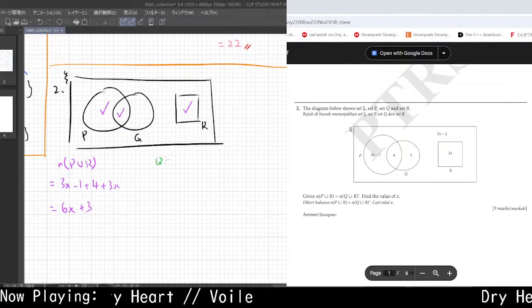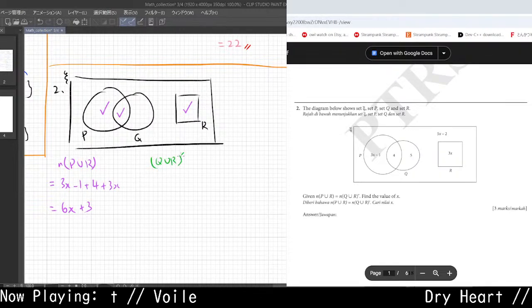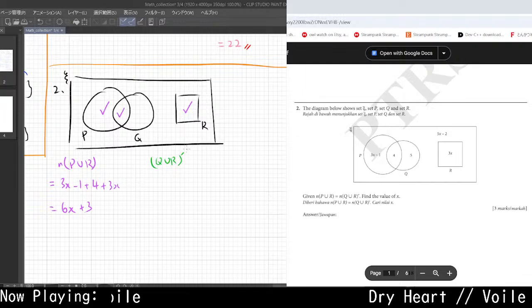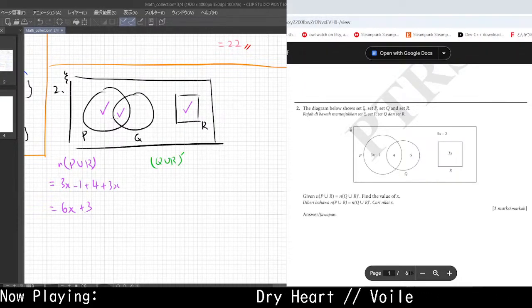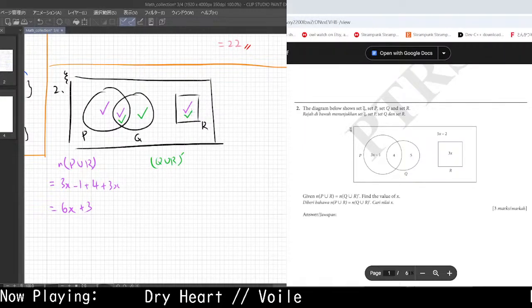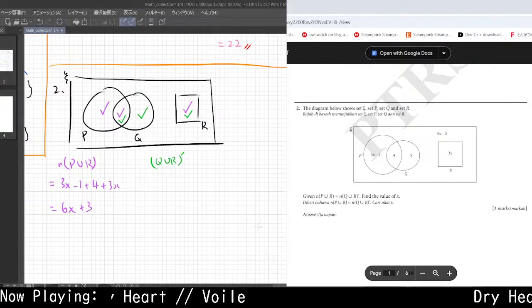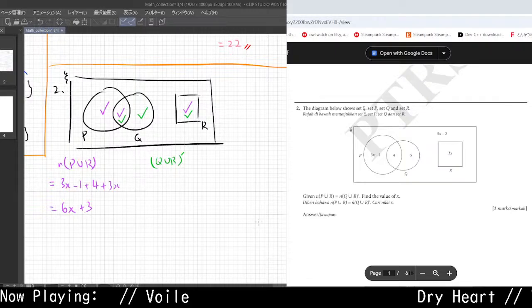Okay. Next, we want to find the set Q union R prime. Q union R means we take everything from Q and from R. Therefore, this portion yes, this portion yes, R itself yes. But we want everything that's outside of Q union R because there's a prime over there.